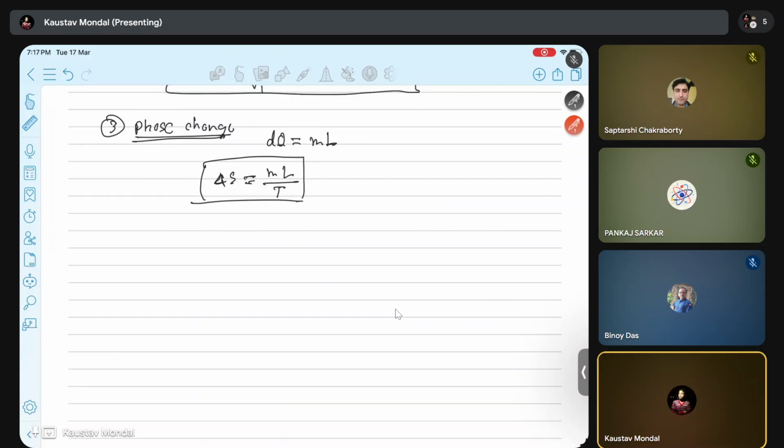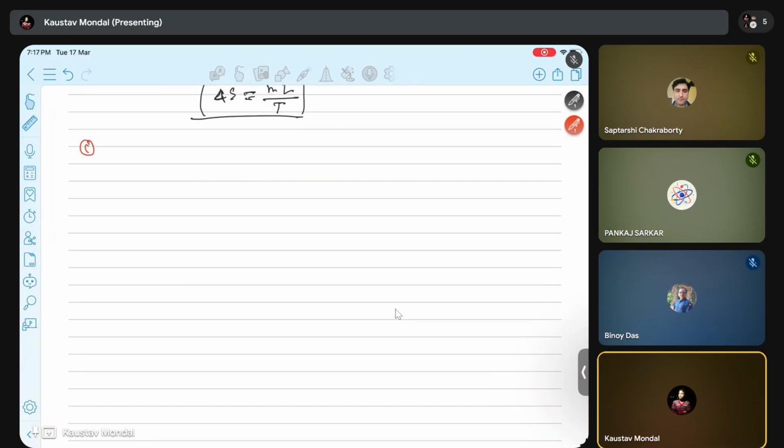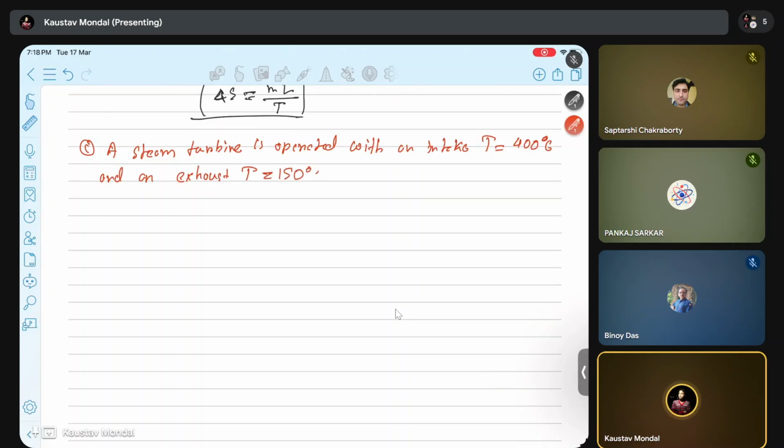Problem one. A steam turbine is operated with an intake temperature of 400 degrees centigrade and an exhaust temperature of 150 degrees centigrade.